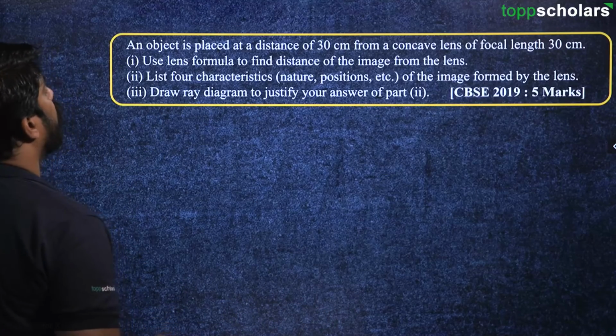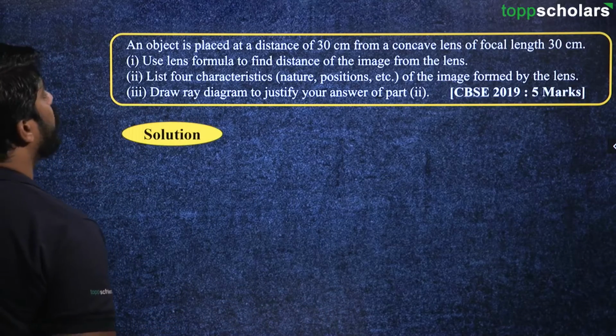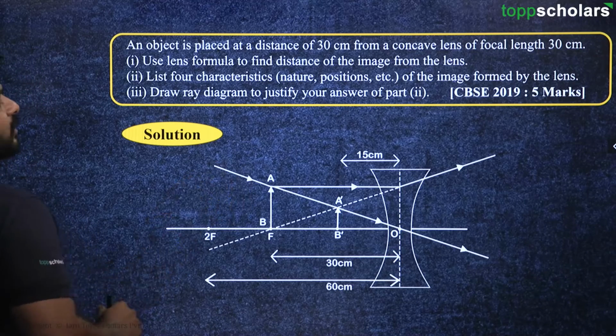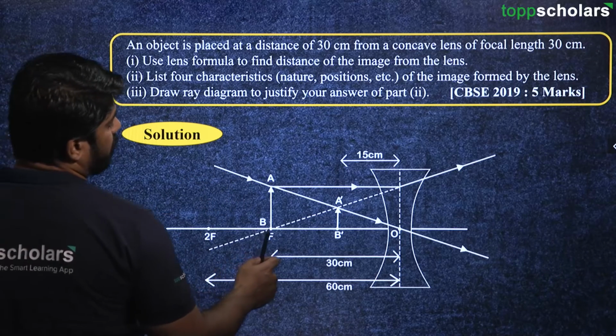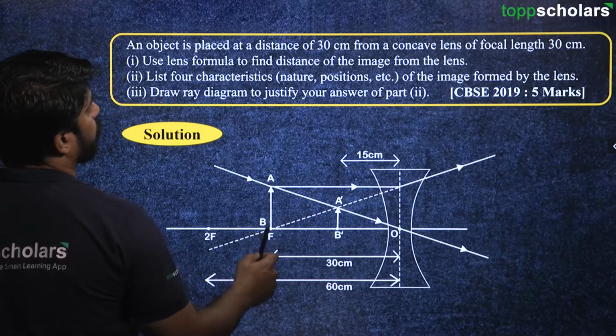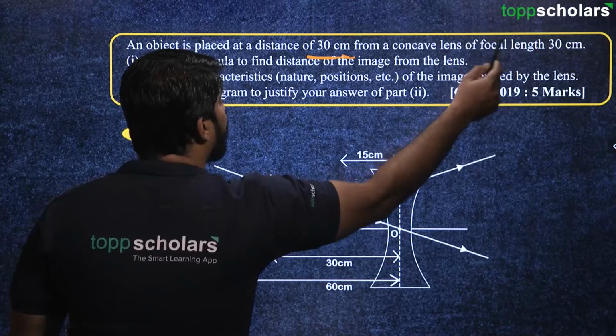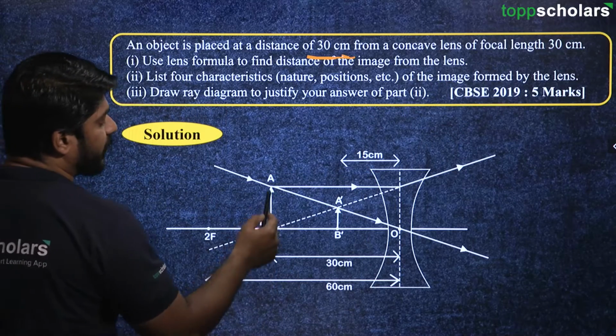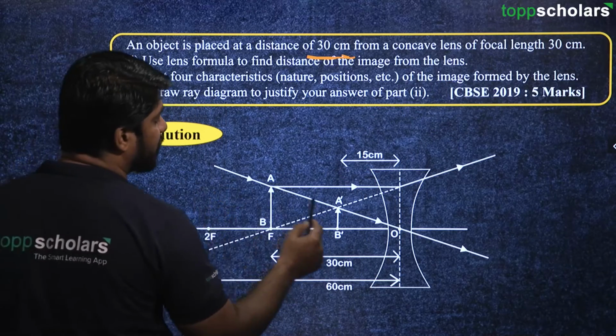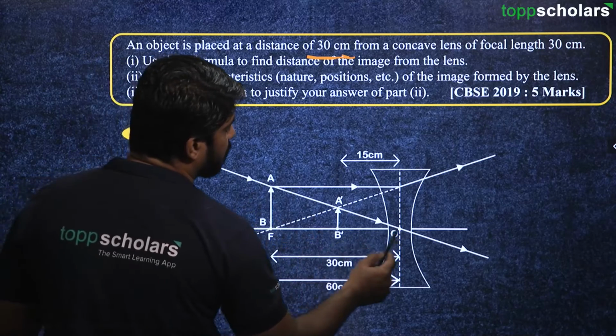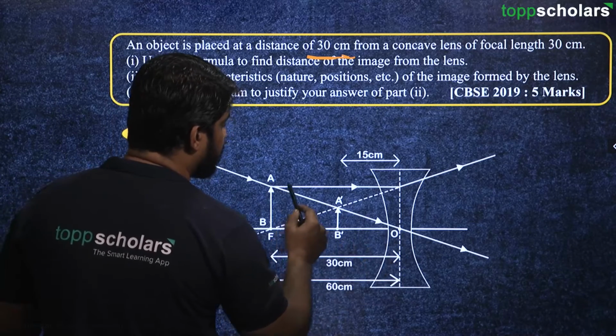Now we have to draw the ray diagram, and here is the ray diagram. This is the object over here. As we can see, the object distance is 30 and focal length is also 30, that means the object is placed at f. This is one of the rays that we are tracing, and this is another ray.